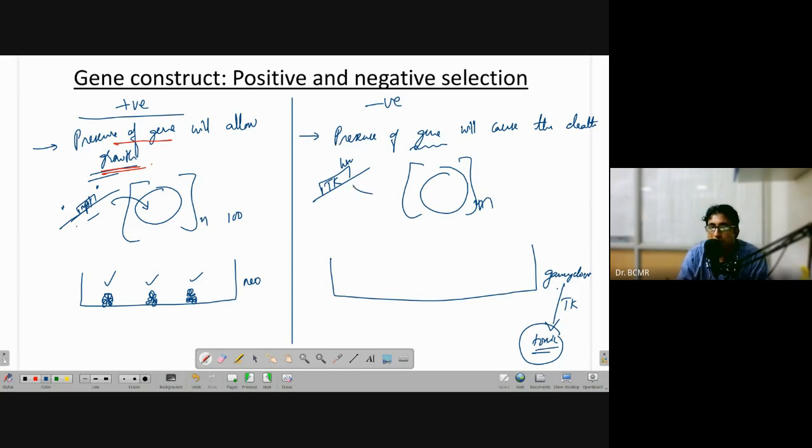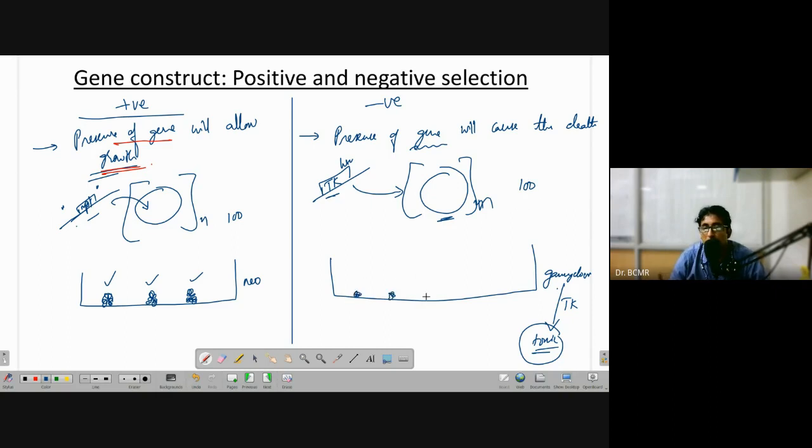Now, when we do this transfection of the thymidine kinase gene into several cells, maybe say again, we have taken 100 cells and some 95 cells have got the thymidine kinase gene. How many cells are left? It's only 5.